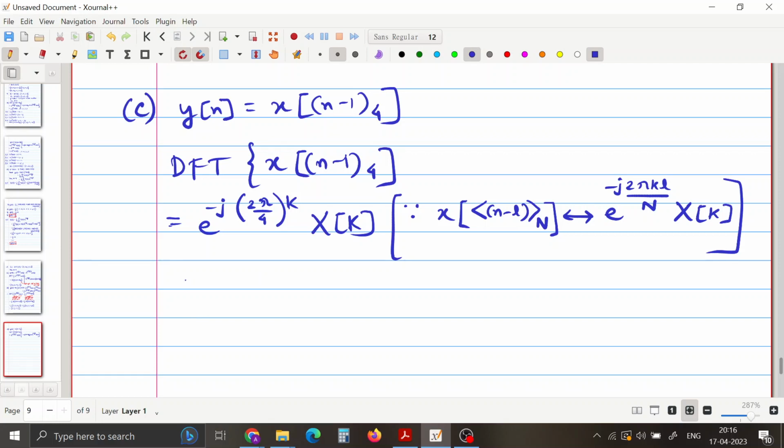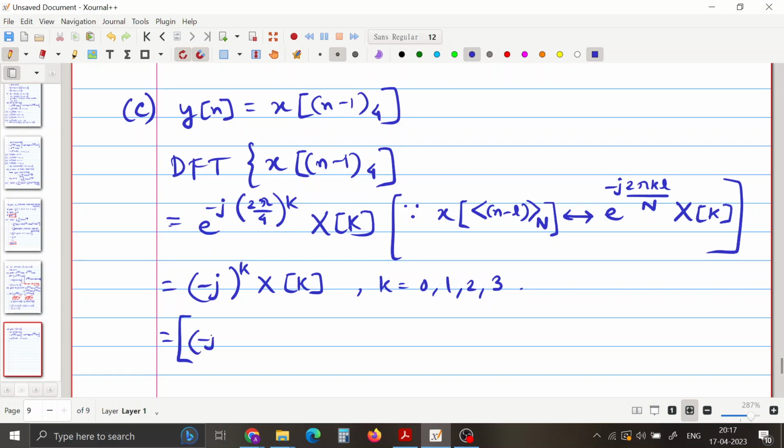And again, e power minus j 2 pi by 4 is nothing but minus j, and we have an additional factor of k in the exponent, so it is minus j power k times cap X of k, with k running from 0 to cap N minus 1. Here cap N is 4, so k runs from 0 to 3. Now what will be the coefficients?